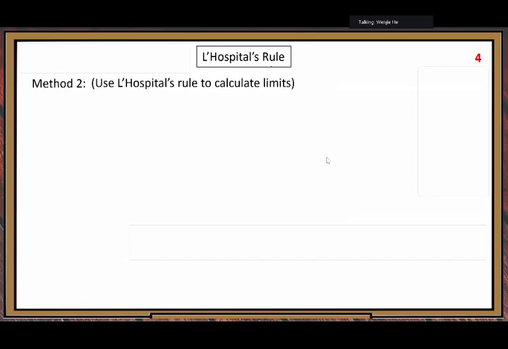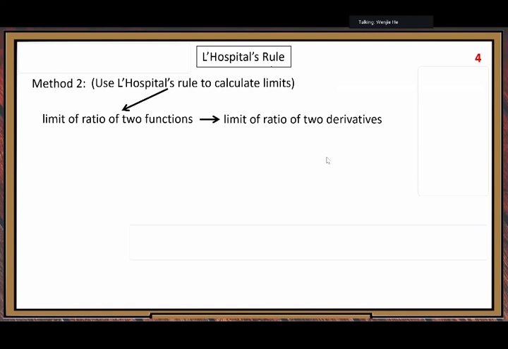Use L'Hopital's rule to calculate the limits. First, I need to explain this rule. When you calculate the ratio of two functions, L'Hopital's rule basically tells you the limit of the ratio of two functions equals the limit of the ratio of the derivatives of those two functions.